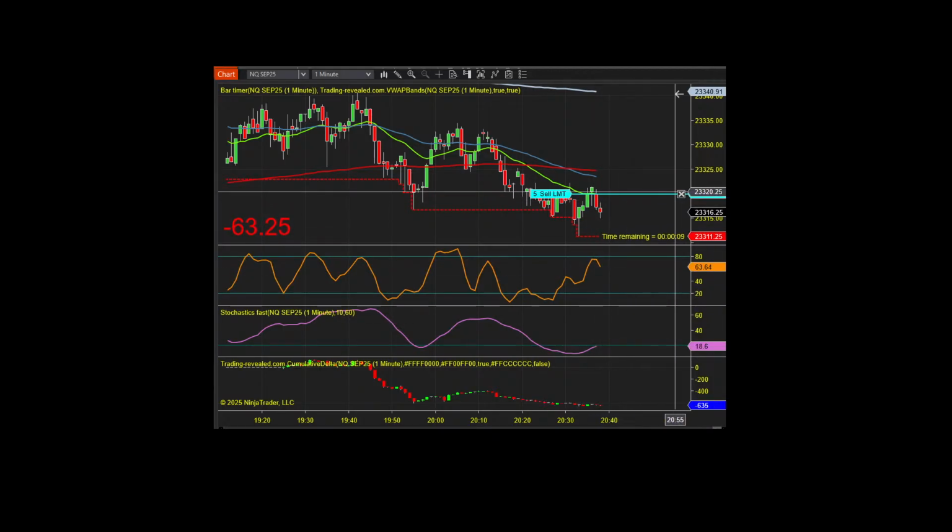So what I'm going to do is take this off because I doubt I get filled up here at this 21-day moving average. This is the 21, the blue is the 50, and the red is the 200.